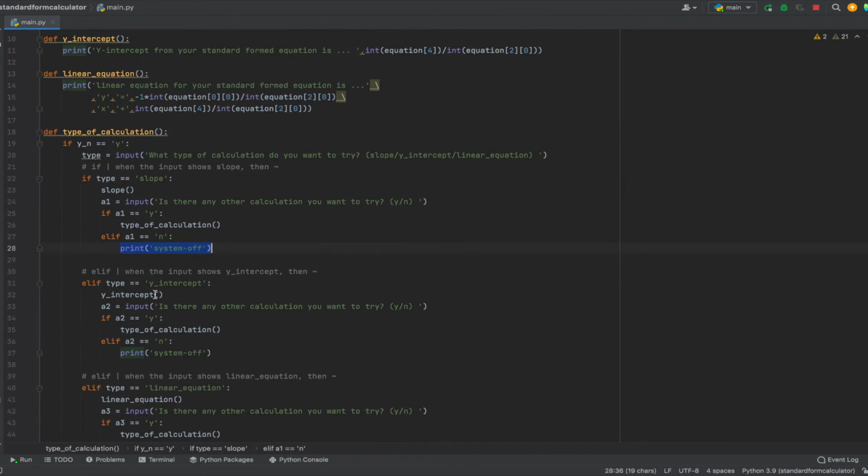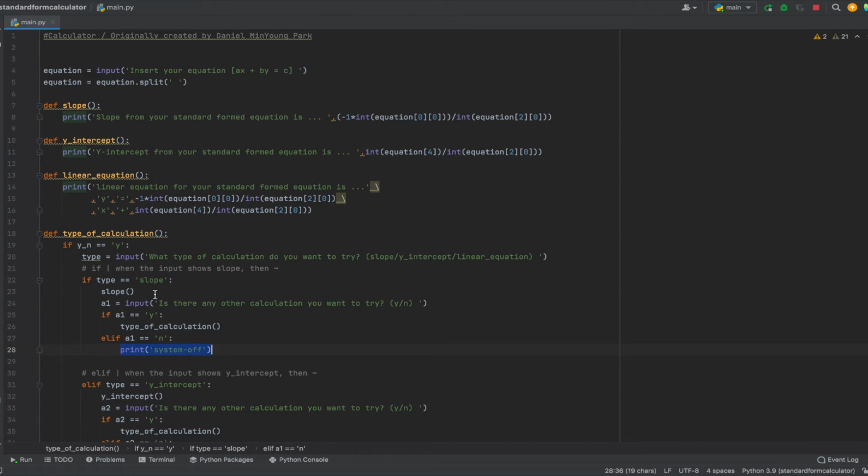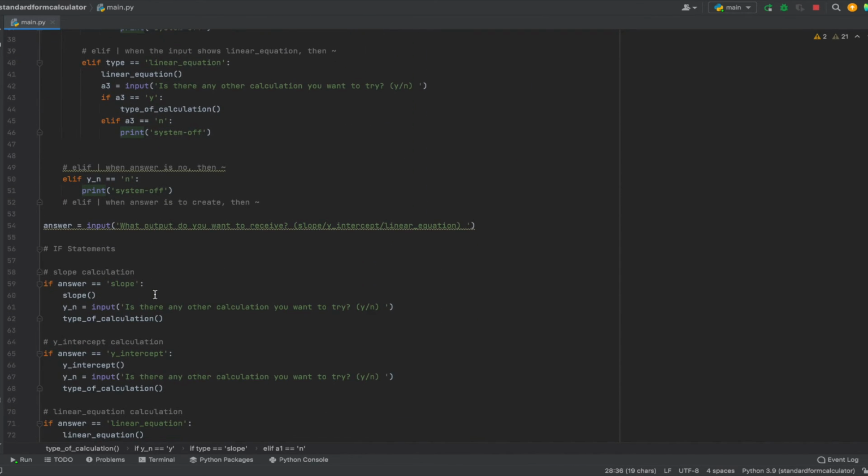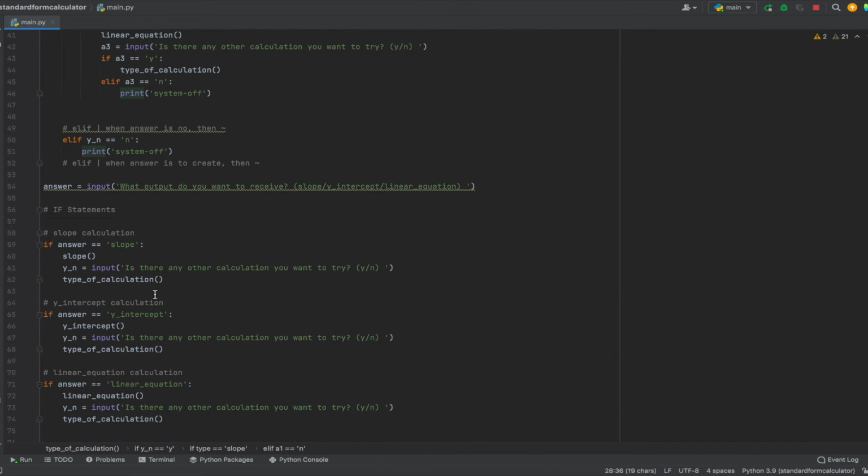Next, since I already defined 4 different factors, which are slope, y-intercept, linear equation, and type of calculation, now I'm hosting those factors that I defined previously.